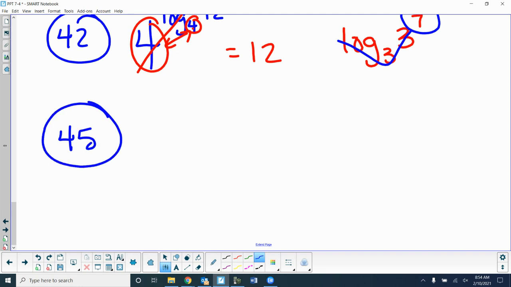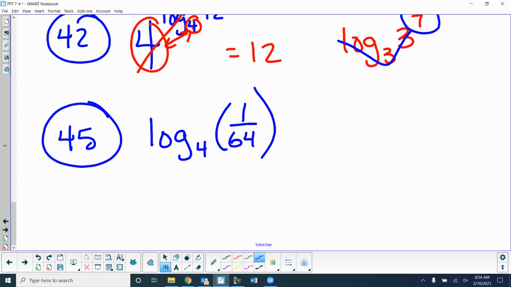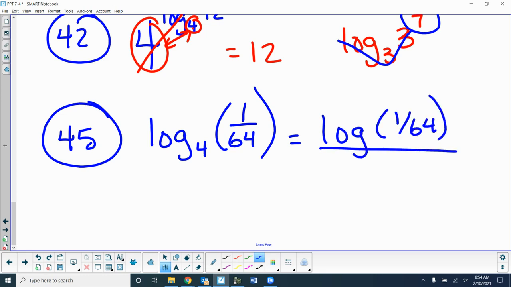Okay, then the last one, some of you still had question marks for this. Just put it in the calculator. Max, what do I have to put in the calculator? Log 1/64 over log 4. Yeah, just put it in the calculator, just like this. Just close stuff up, that's all.